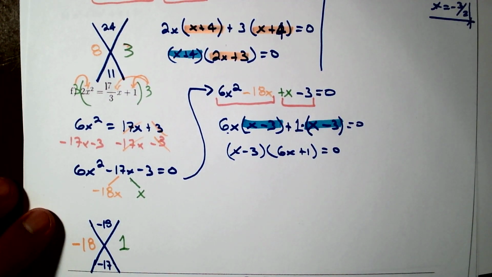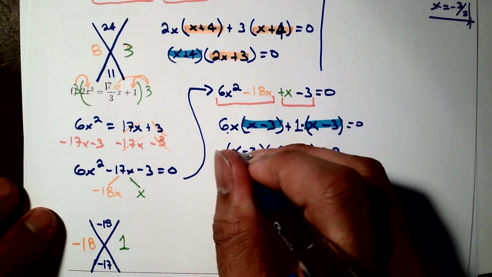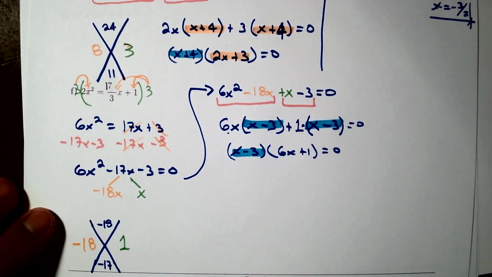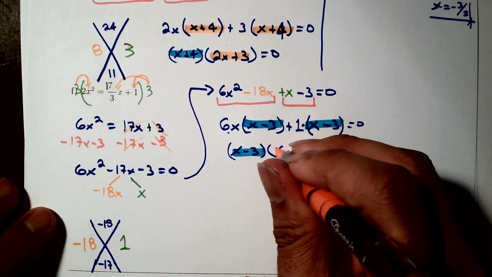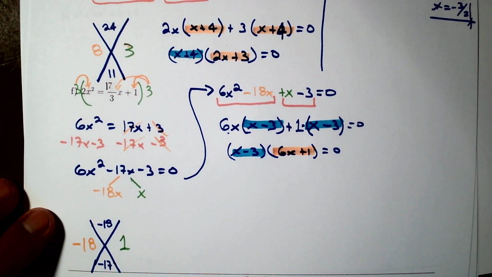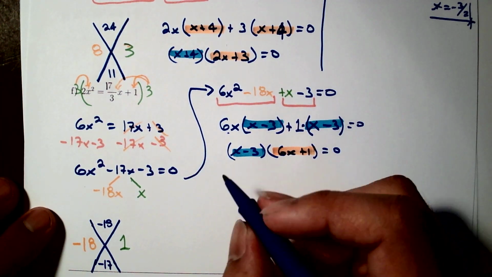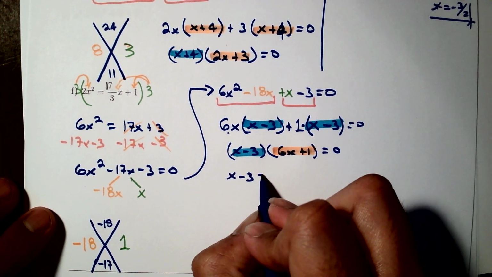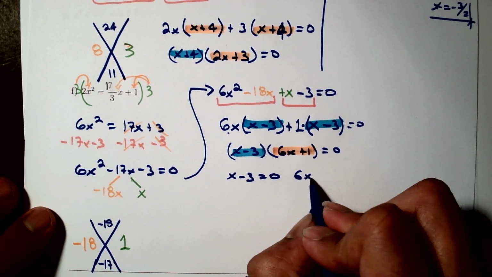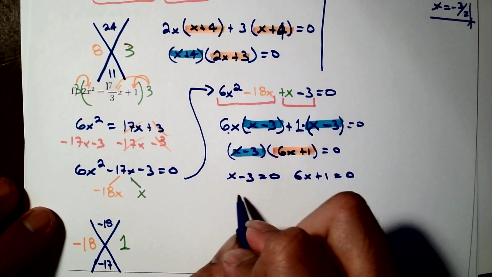And in this case, we have 2 factors to deal with. X minus 3 and 6x plus 1. So let's set each of them equal to 0. X minus 3 equals 0 and 6x plus 1 equals 0.